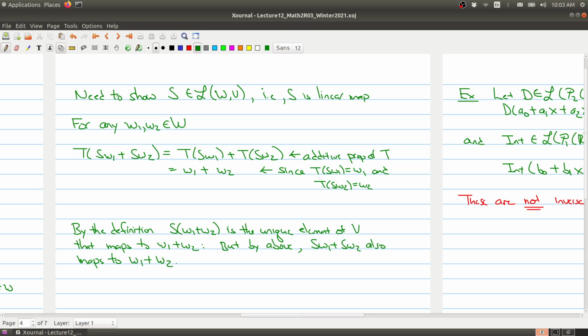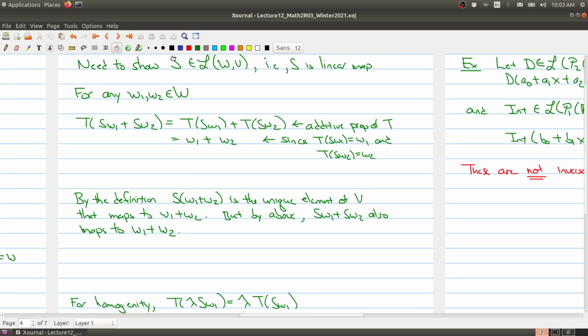So because these things both map to the same thing, and this is the unique element that maps to w1 plus w2, we thus have that S evaluated at w1 plus w2 is the same thing as S(w1) plus S(w2).